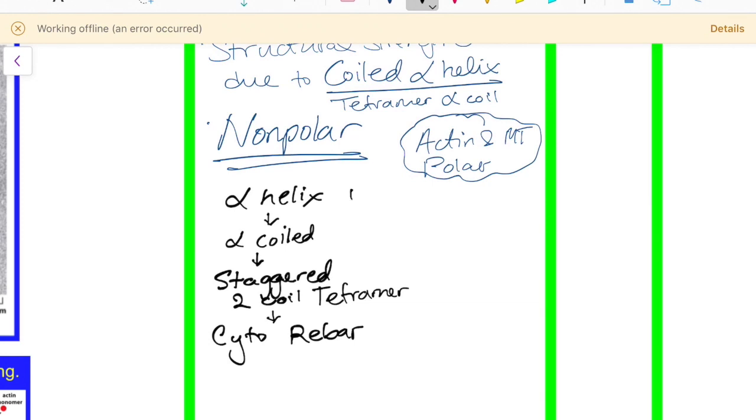So basically it is a coil, two coils that make up the coil. Sorry, this is horrible, but you get the point.